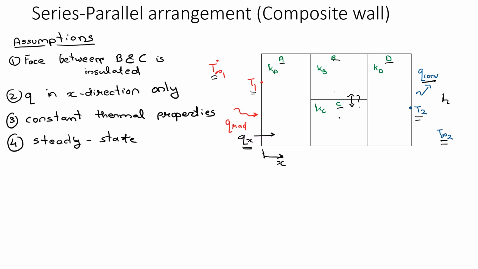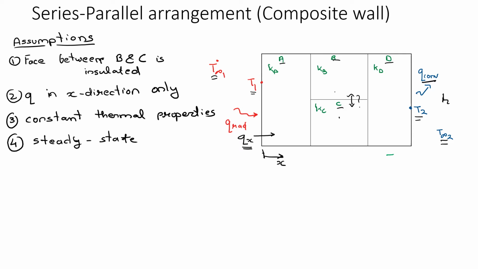Now we need to make a circuit diagram for this. And what is the first thing that we'll do? The first thing that we'll do is we will draw the temperatures at the two extremes.